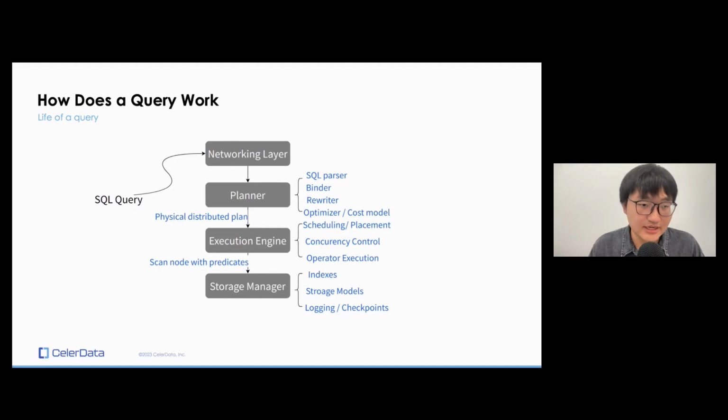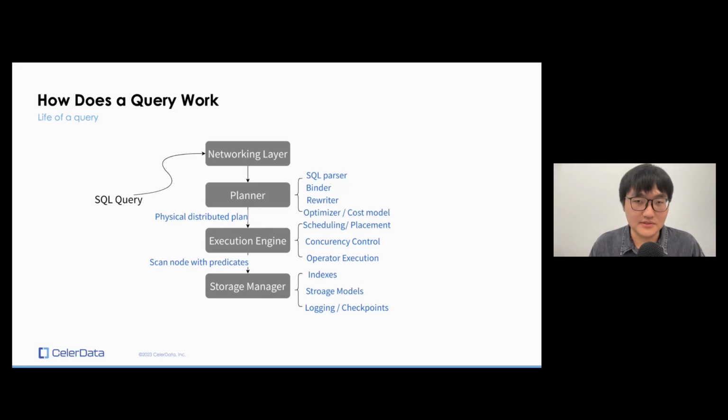If it's with predicates, hopefully the predicates can be pushed down so it doesn't scan all of the data, right? And that's the ability of your storage engine, right? And it gets the data, and according to the physical plan generated by the planner, the execution engine computes the result and returns that to the user, right?